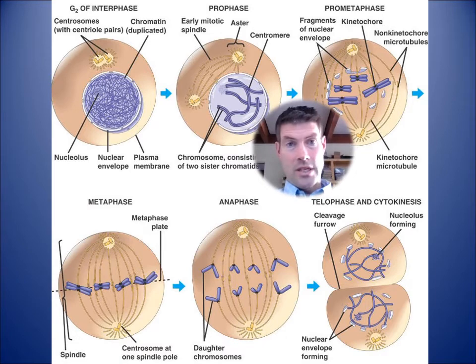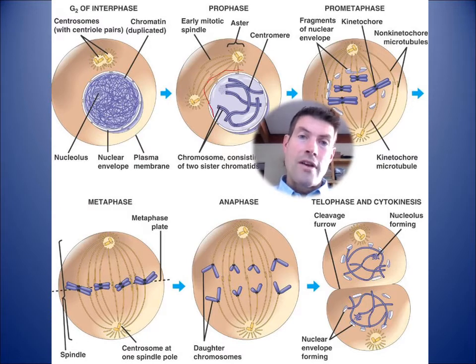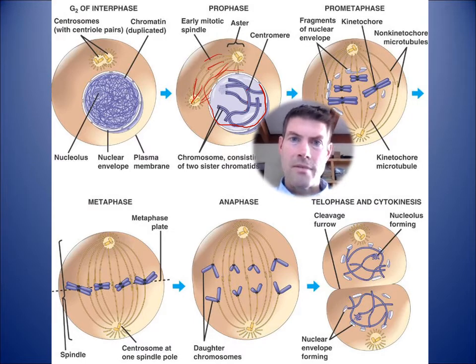So mitosis, I personally taught it so much, but we're going to get through it. Okay, so we got our cell. First thing in prophase, you start to see these chromosomes become visible. Normally they're just a bunch of fuzz. Now you see the structures, and you see these microtubules start growing. Mitotic spindle, okay?